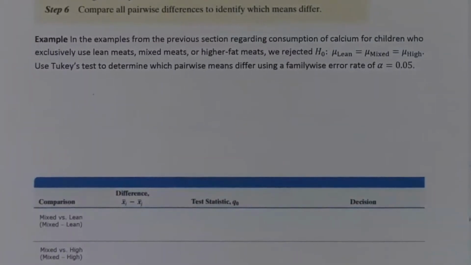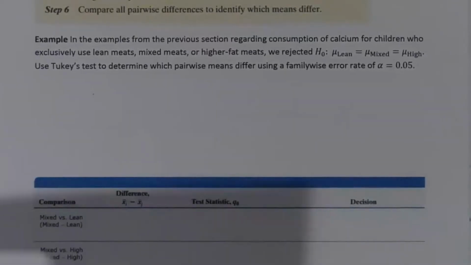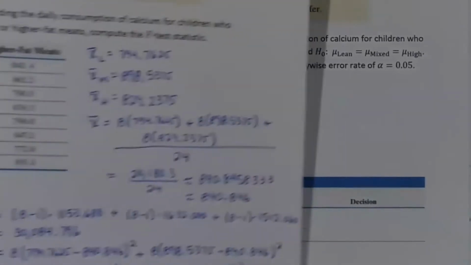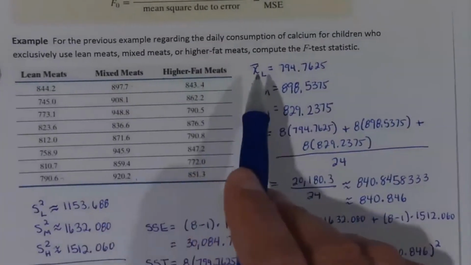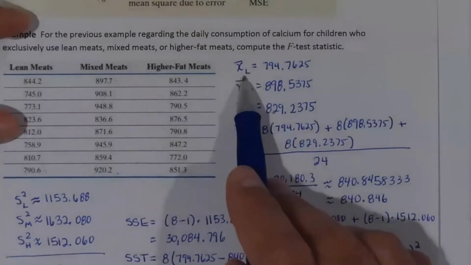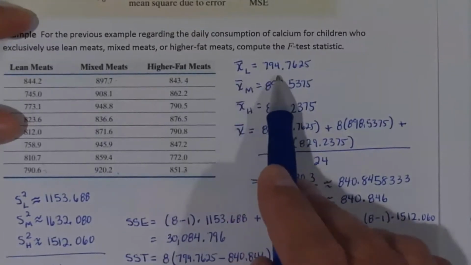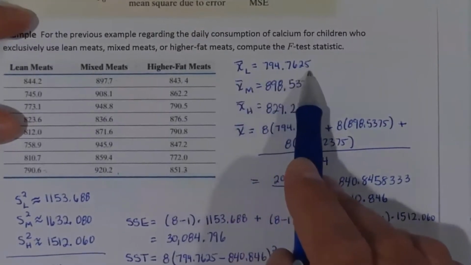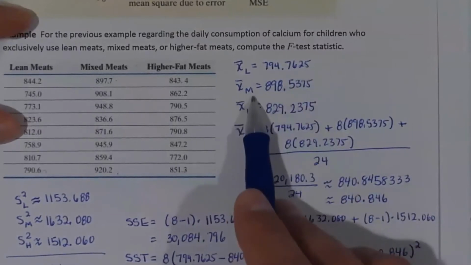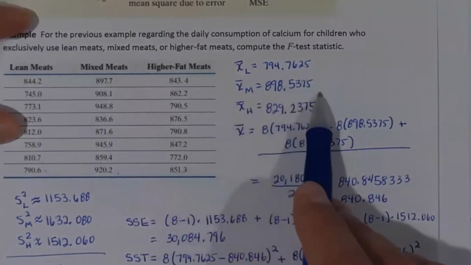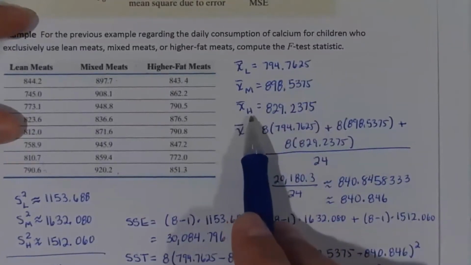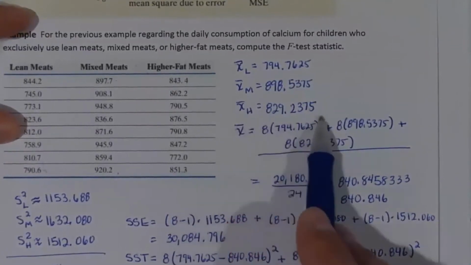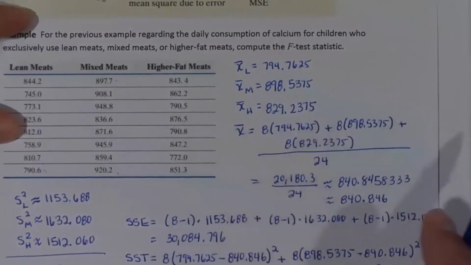So I'm going to write down some of the information that we found previously. So back from section 13.1, right off the bat, we found that the X bar for the lean meats was equal to 794.7625. X bar for the mixed meats was 898.5375. And X bar for the higher fat meats was 829.2375.